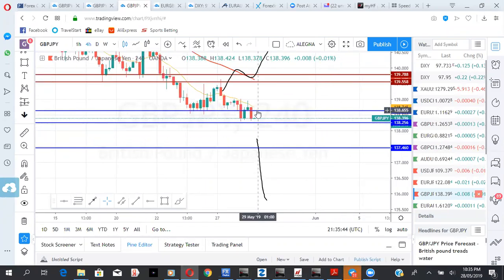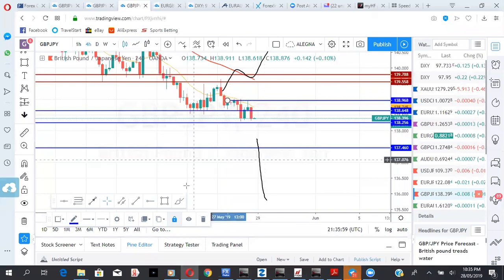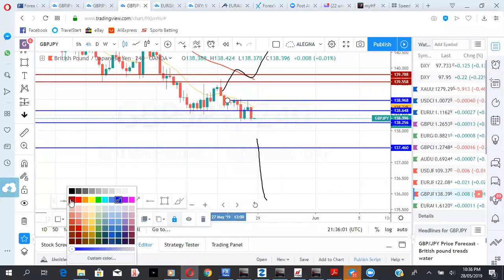If it rallies a bit, so that done, our first level of resistance comes in around here. First level of resistance comes in around here.